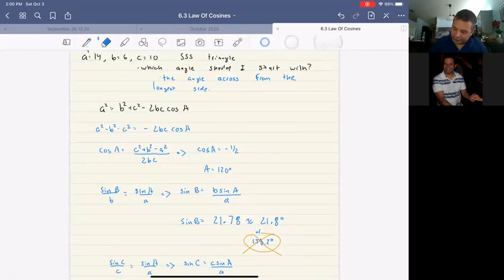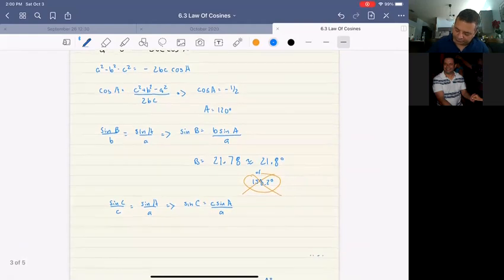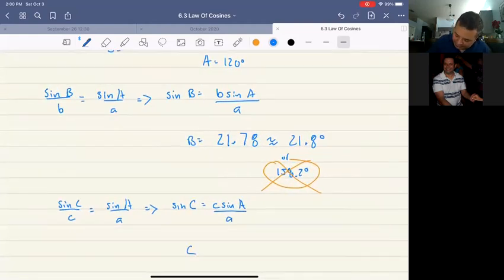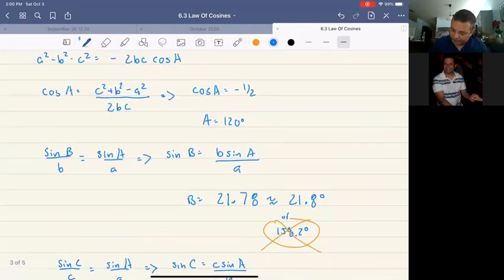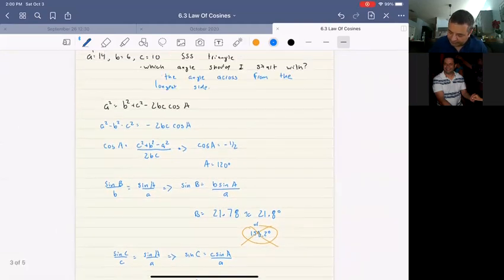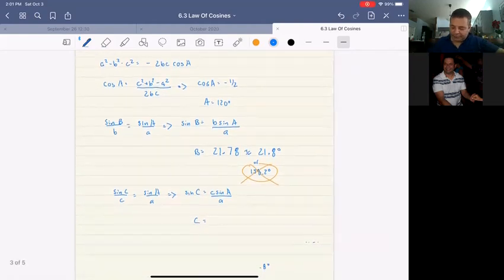Oh, this should have been B, not sine of B. Sorry, that was bothering me. So same thing. C equals, I'm going to use 10 times sine of 120 divided by 14, inverse sine, 38.2.